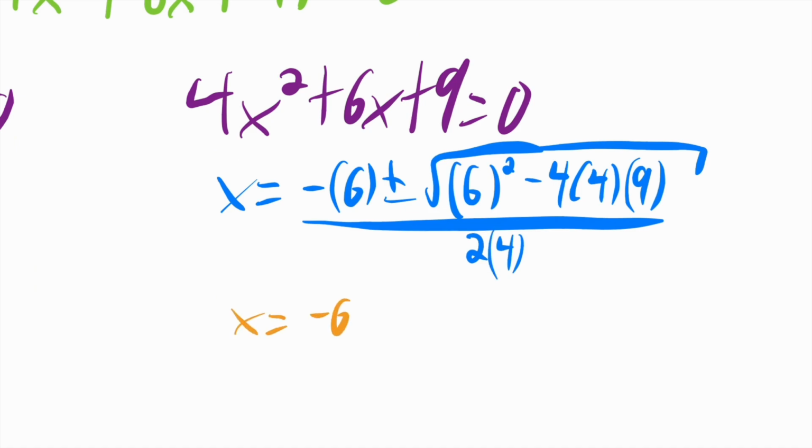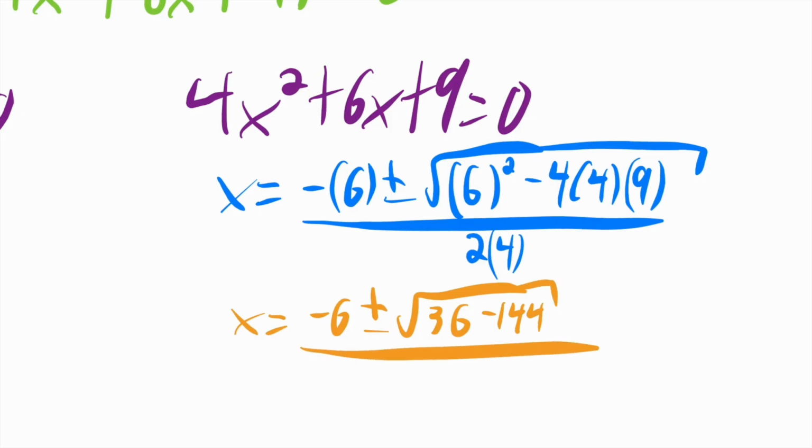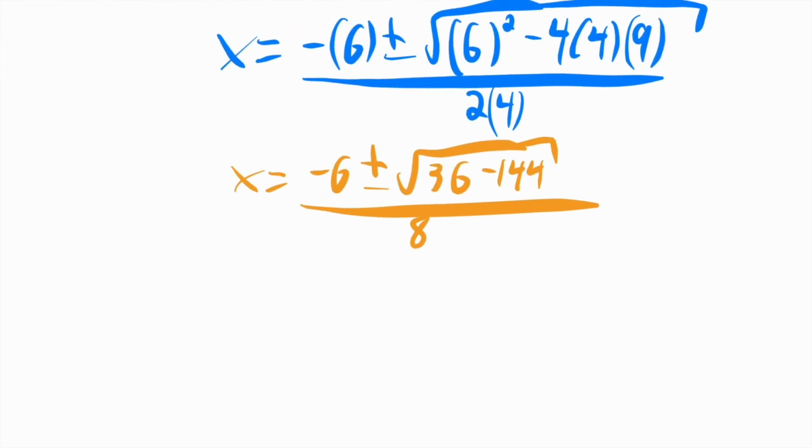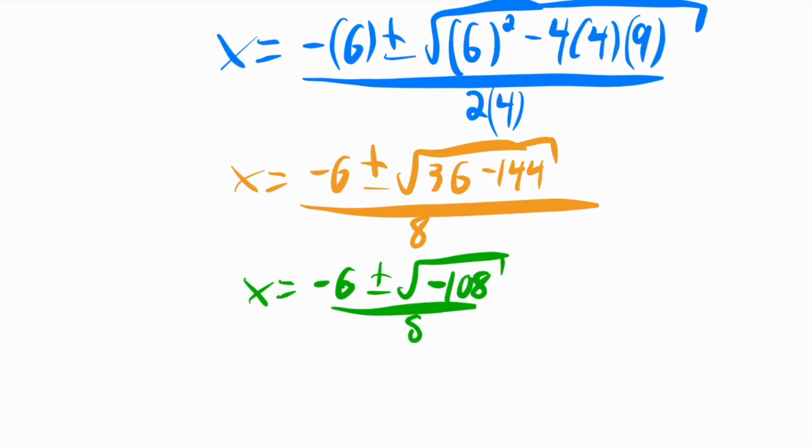And so that's negative 6 plus or minus the square root of 36 minus 144, all over 8, which is x equals negative 6 plus or minus the square root of negative 108 all over 8. The square root of negative 108 does simplify into the square root of 36, square root of 3, and square root of negative 1.